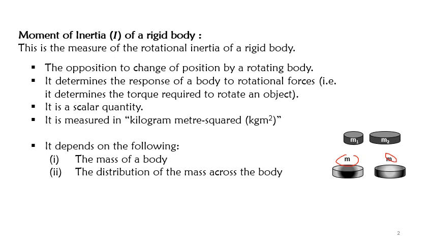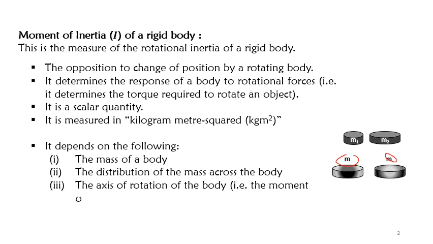So for the mass on the left hand side, the mass is concentrated towards the center, and for the one on the right hand side, the mass is concentrated towards the edge. This will also lead to a difference in the moment of inertia. Though they are the same shape and the same mass, because of this, their moment of inertia will be different.